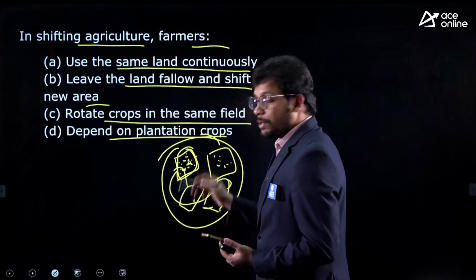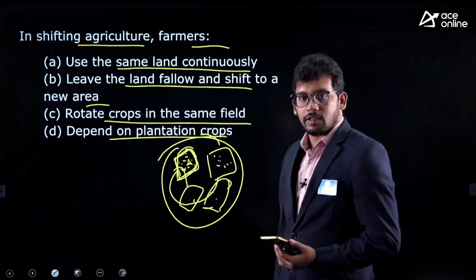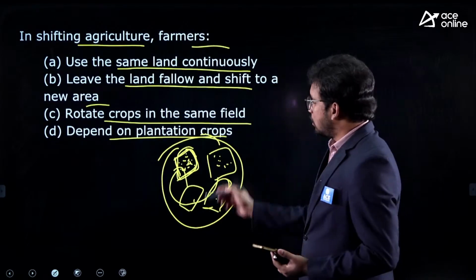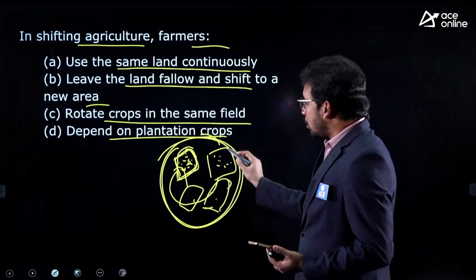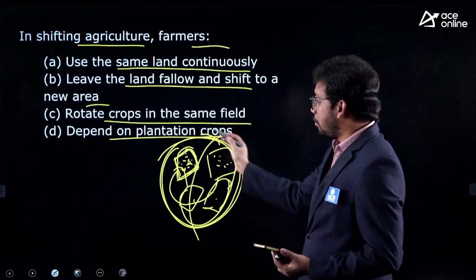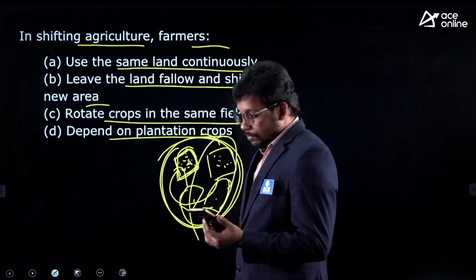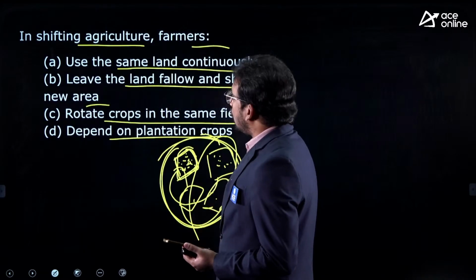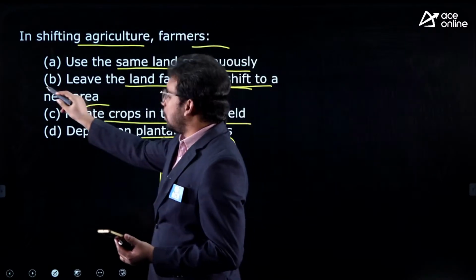But one concern, higher productivity, fertile land. If we keep on doing agriculture in the same land, fertility will decrease, right? So that's why they shift the land. But the concern is that they are clearing the forest here, completely clearing the forest. Every forest is being cleared, right? So that's why the answer is leave the land fallow and shift to the new area.